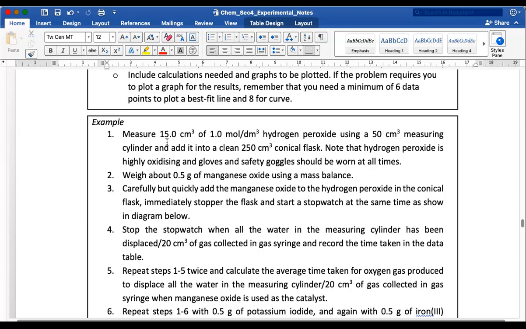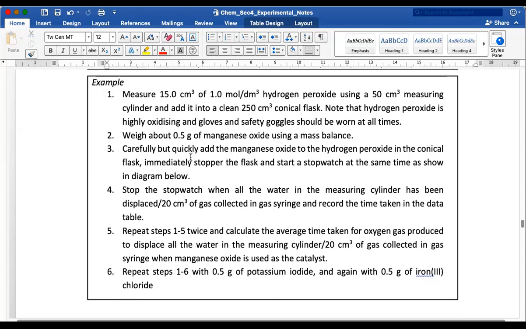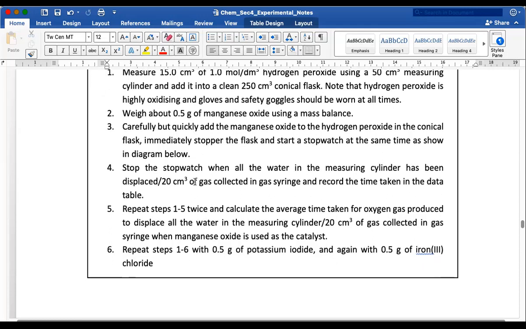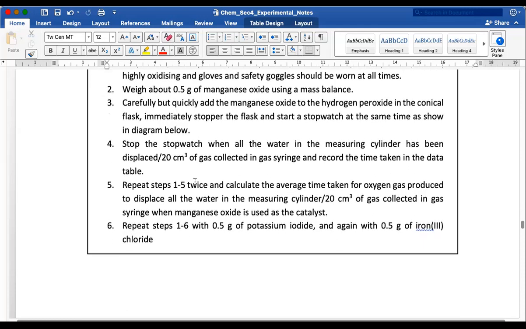So you need to measure A, measure B, add them, then measure. So the measuring part could be either measure the time taken or the temperature, something like that. All right, so add them and then start the stopwatch as shown in the diagram. Diagram I show later. And stop when a certain volume is collected. Specify what is the volume.